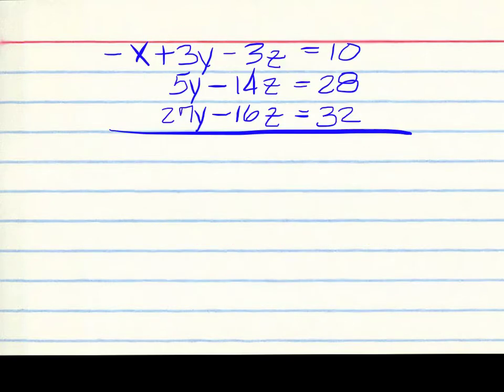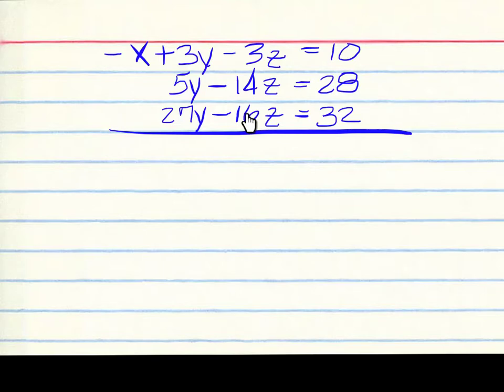Alright, so from this point we have to take a look at these two here. We want to create something to where we can cancel out the y's, or maybe we could cancel out the z's, whichever one we think would be easier. 5 and 27, to get the least common multiple, you would just have to multiply them together. 14 and 16, I think that would be rough.